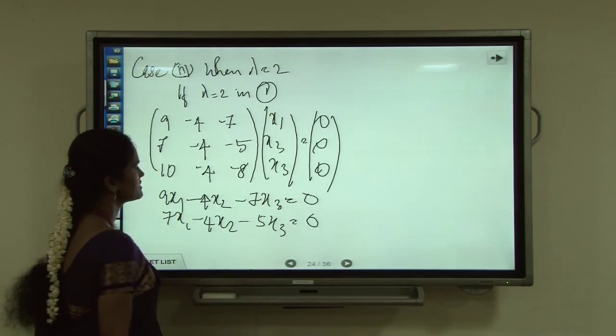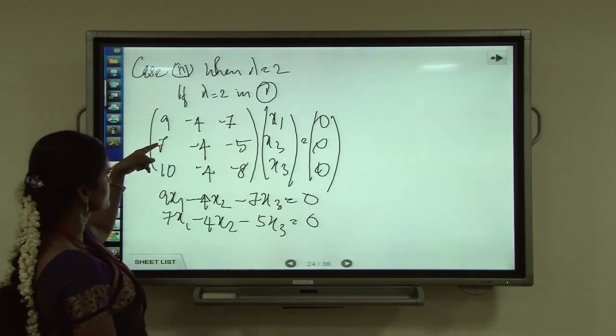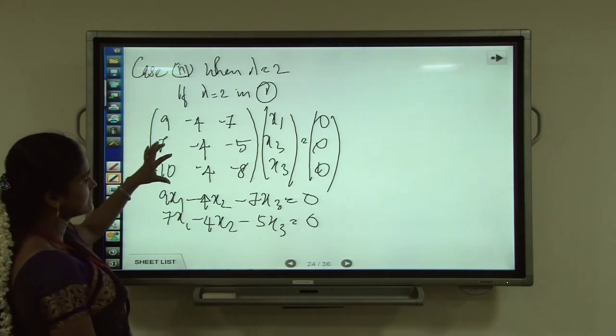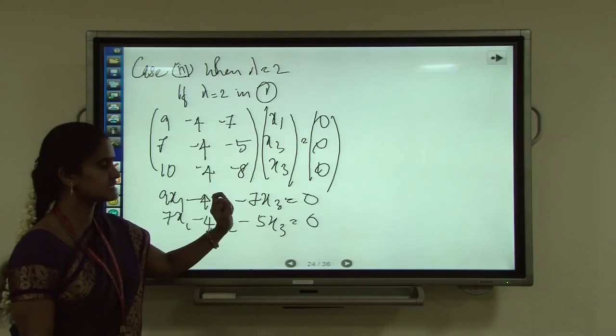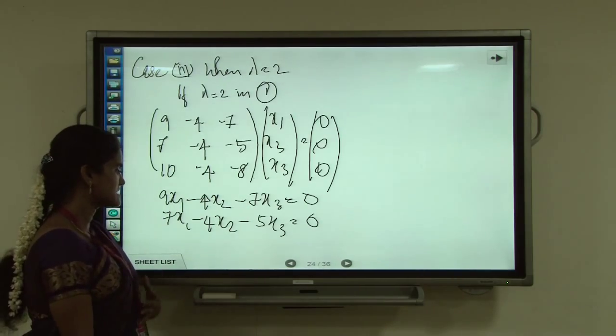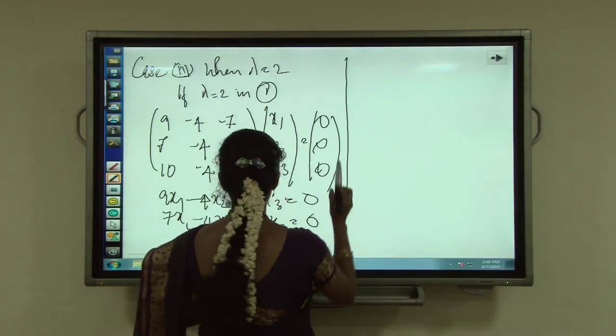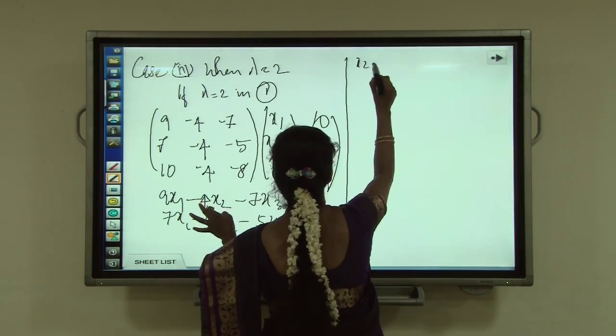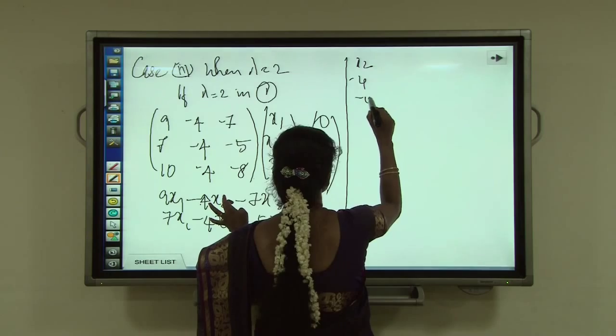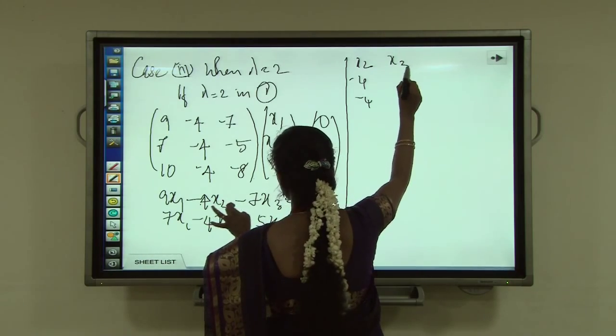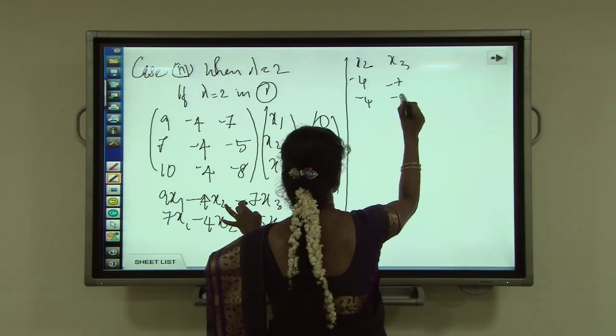Now when you look at all the three rows, none of the rows is identical. So we have all three equations as non-identical equations. So let us consider two equations for cross rule multiplication. Collecting the coefficient of x2, it is minus 4, and collecting the coefficient of x3, it is minus 7, minus 5.